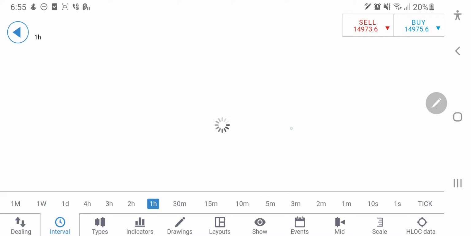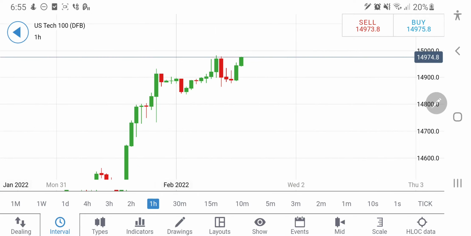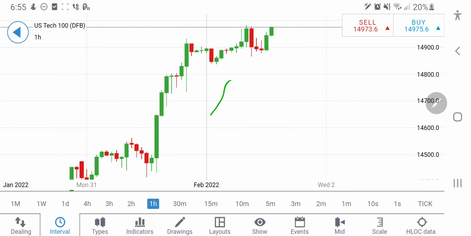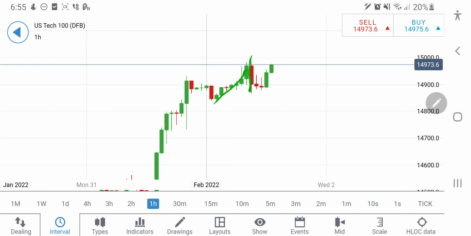Now let's have a look at the hourly charts. On the hourly charts, this is the rise, then retracement, then a second green candle, and probably this green candle may take it towards 15,010 levels, and from there we might see a third candle appearing.